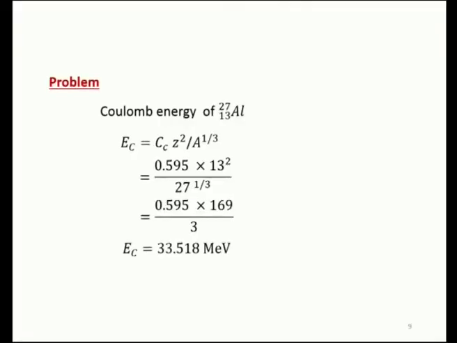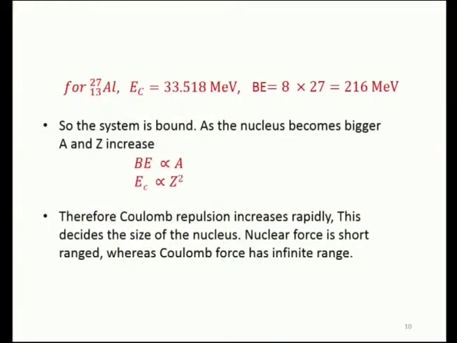That is why we get fission of plutonium, uranium, etc. You do not get fission of calcium or oxygen. Only heavy nuclei undergo fission because the Coulomb energy plays a role. Coulomb energy is proportional to Z squared, and as the atomic number increases, the Coulomb energy increases.